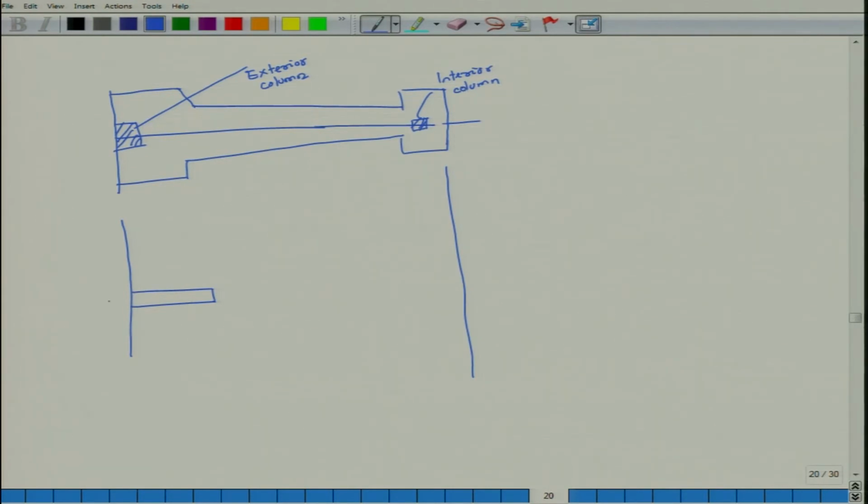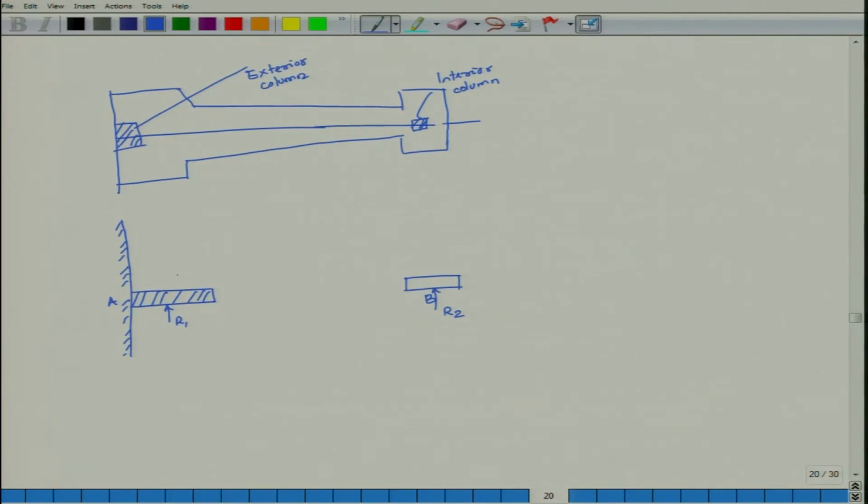This is my column, say A, and here this is my column, say B. This column A is connected to your restriction or boundary, then this is your column B. In between these two, suppose this is my R1, and this is R2.